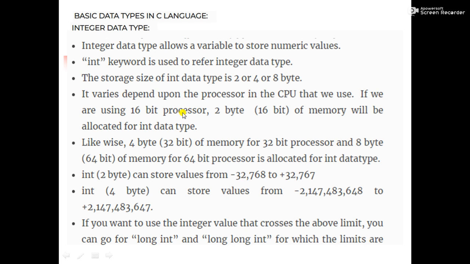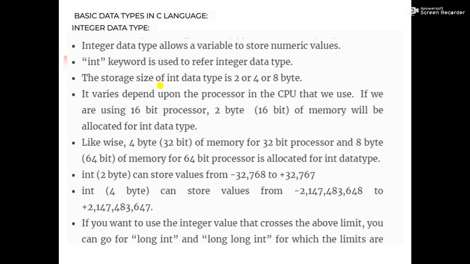For a 16-bit processor, 2 bytes, that is 16 bits of memory, will be required, and likewise 4 bytes for 32 bits, and 8 bytes for 64 bits. So we can have a maximum size of up to 8 bytes for any integer variable: 2, 4 or 8.